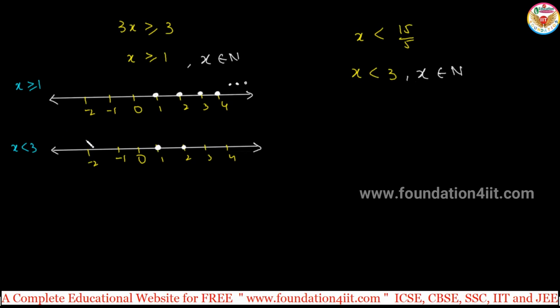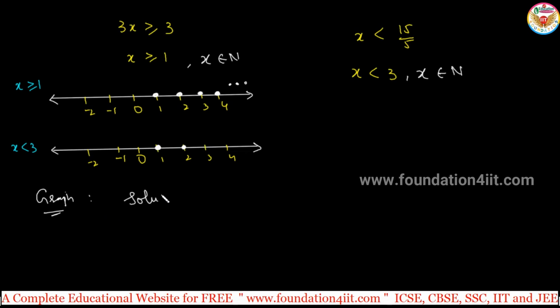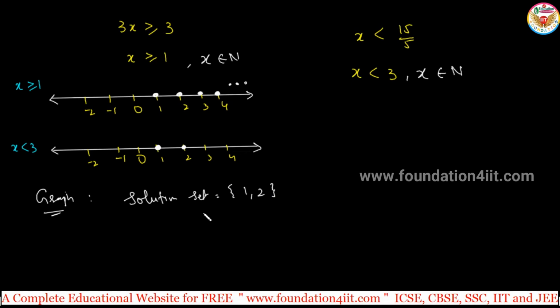Now the graph of the solution set of x greater than or equal to 1 and x less than 3 together. If you see the graph, the common solution for both is only 1 and 2, since 3 is in one but not the other. Before the graph, the solution set is 1, 2: 1 and 2 are the solutions for the two combined.